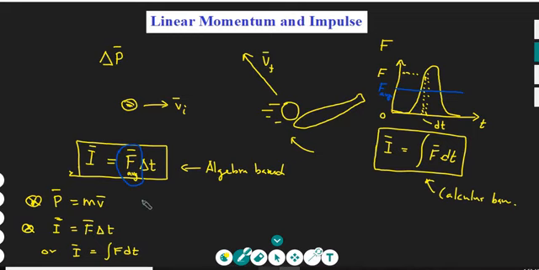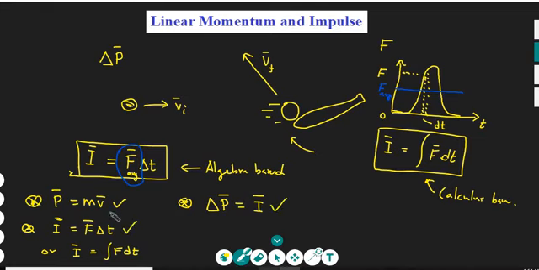So we can actually make a connection between these two quantities. What we'll see is that the change in linear momentum is nothing but the impulse. So these are very important expressions, especially this one and this one.